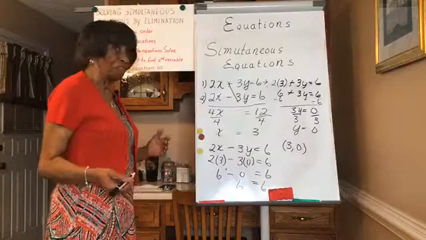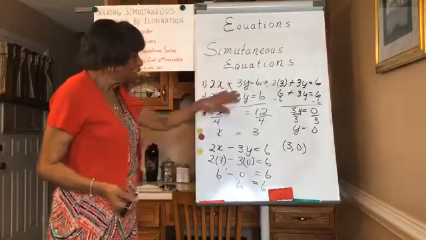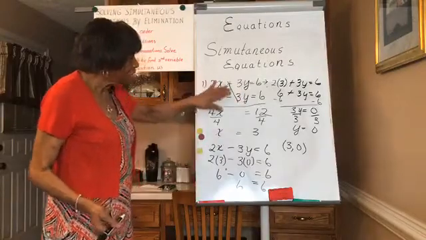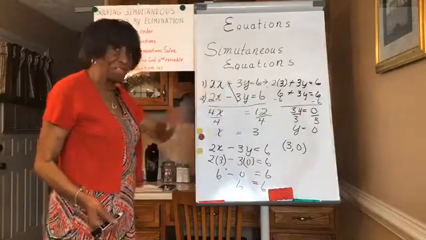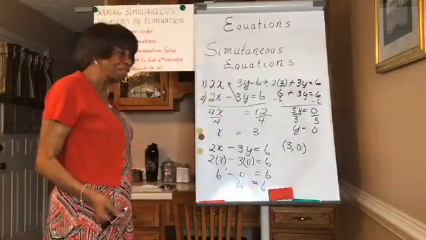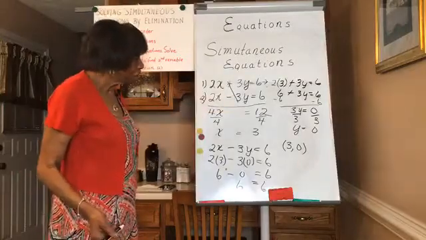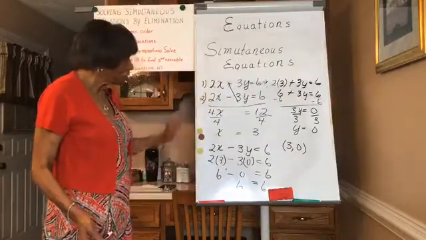So we really are using addition. So we add when the coefficients are the same and the signs are opposite, because we know if we walk 3 steps and go back 3 steps, we're back at 0, and that's what that gives us. It's like 6 minus 6, 3y minus 3y, whatever.